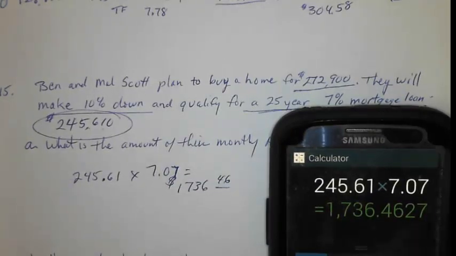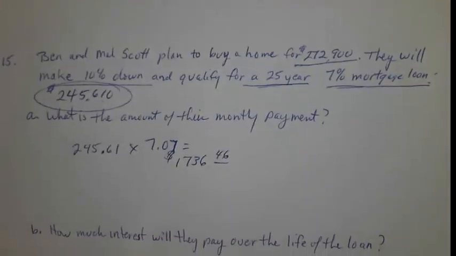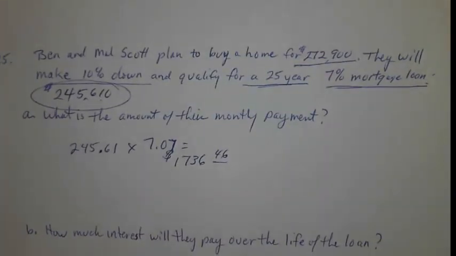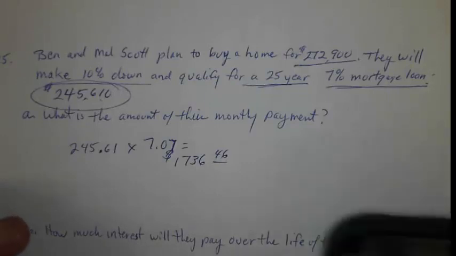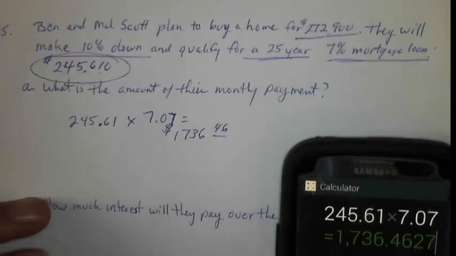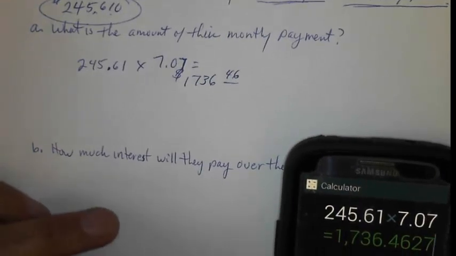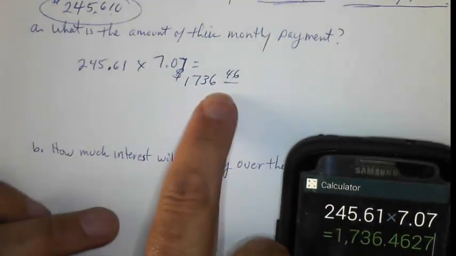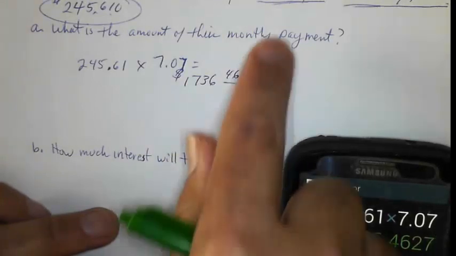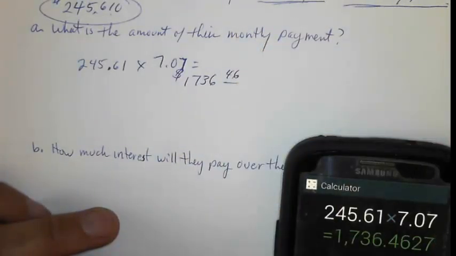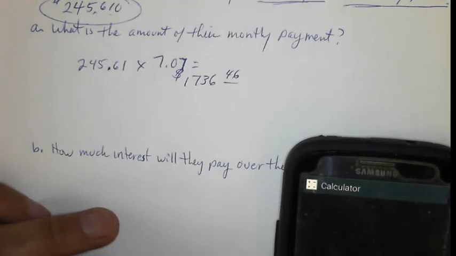So our next part of the question, it says, how much interest will they pay over the life of the loan? Okay, that's a good question. It's always interesting to figure that out. So this is our monthly payment. We're going to go for 25 years. So we're going to times that. Let's round this off. We don't want to get the number too big.